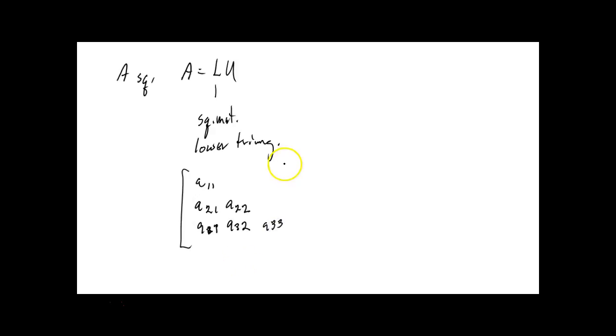This is for a 3 by 3. If it's n by n, you just keep on going. That all the entries, it's lower triangular, so do the main diagonal. It's a square matrix, so that goes right down the heart of it here. That main diagonal and below are numbers. There's no requirement of what those numbers are. Everything above that main diagonal are zeros. That's called a lower triangular matrix.